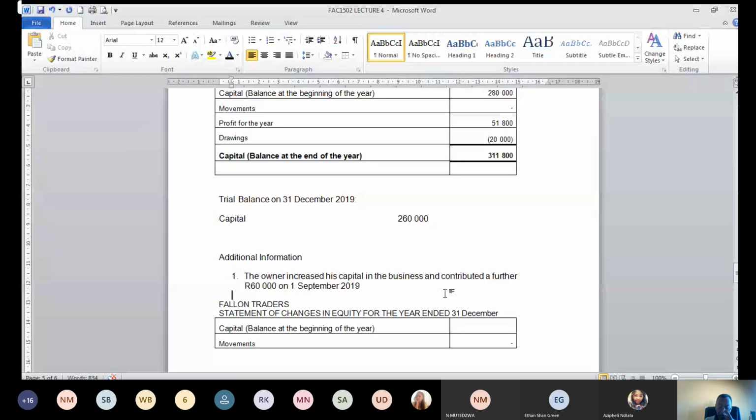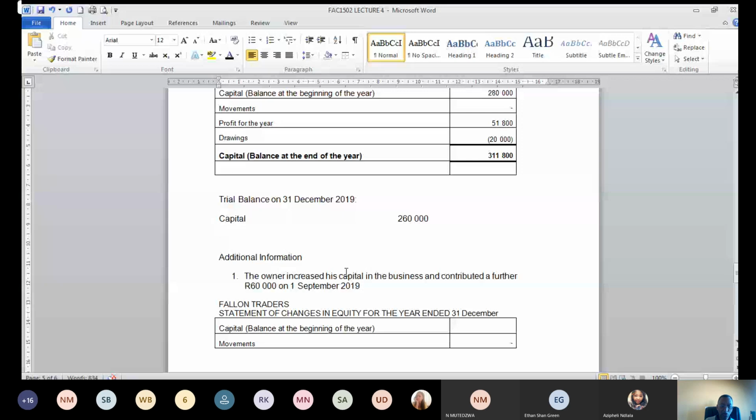From the information, let us interrogate this quickly. In your trial balance, there is a capital balance, but this is the capital balance at the end of the year. The information tells you that the owner gave another 60,000 rand, and he contributed that 60,000 rand during the course of the year. Now, this 260,000 rand is the balance at the end of the year.